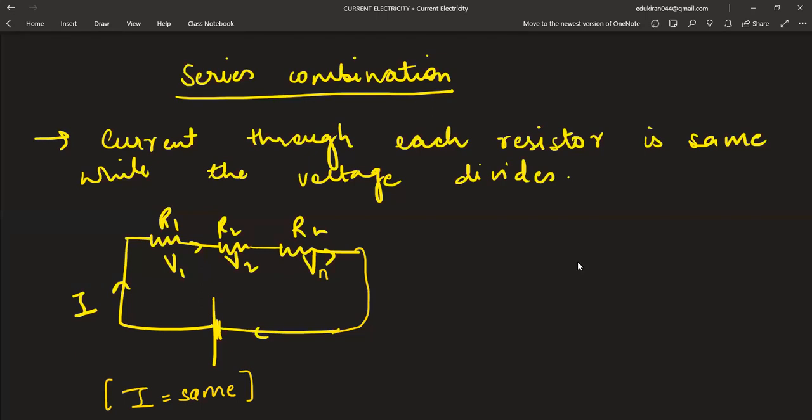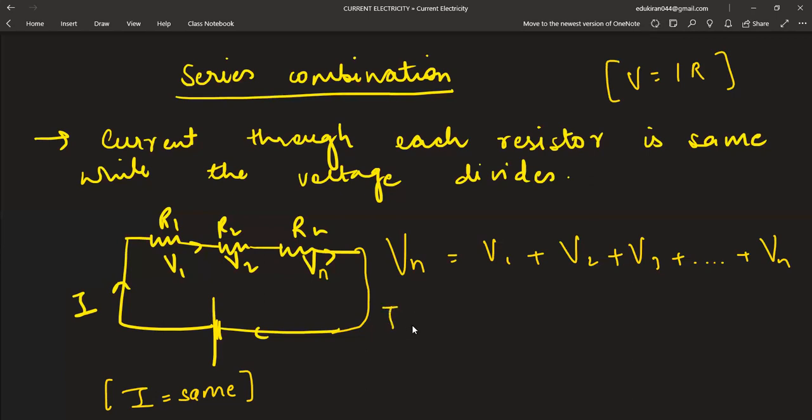So it's very easy. See, different resistors are present, different voltages are present. Let's calculate the net voltage. It's V1 plus V2 plus V3 up till Vn. So what is V according to Ohm's law? We know according to Ohm's law, V is equal to IR. So this is I into R equivalent, I into R1. Why is I not changing?